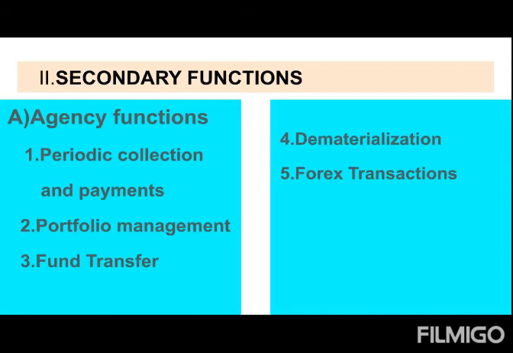So the commercial bank is making arrangement to open what? Demat account. Once the account is opened, we can give that account number to the company, and in that account the company will be crediting our number of shares. The real meaning of dematerialization is converting physical form of share certificate into electronic method. That is done by the depository.